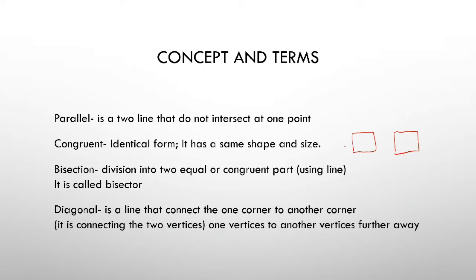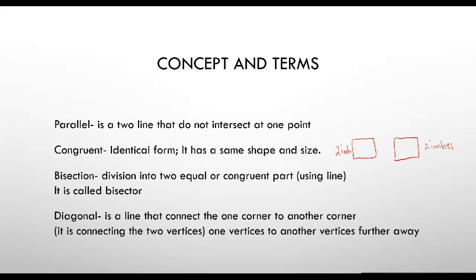If one side is equivalent to 2 inches, then the other plane figure or square also has a side equivalent to 2 inches. Then we can say that this plane figure is congruent. They are identical, which means the same shape and same size.